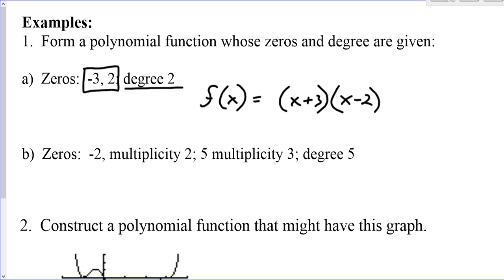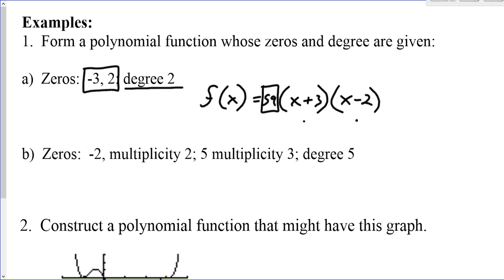I know that's going to be a degree 2 polynomial, and it's going to give a 0 at negative 3 here and a positive 2 here. I could put anything I wanted here, and it's still going to hold true. I could put 59, and that a value isn't going to change my zeros or the degree of that polynomial, so we could get a range of answers there, a whole family of functions with those two being zeros.